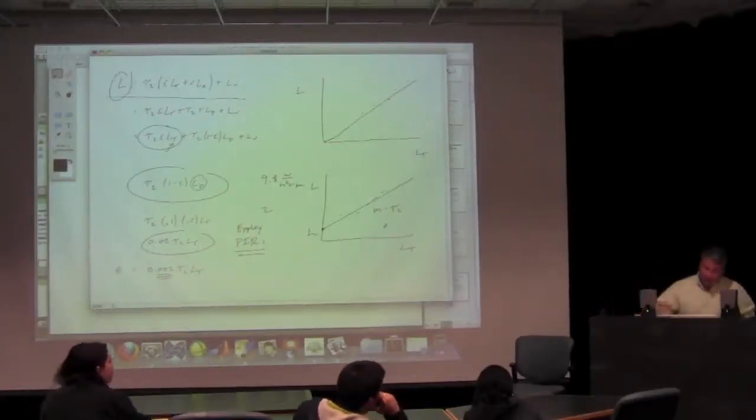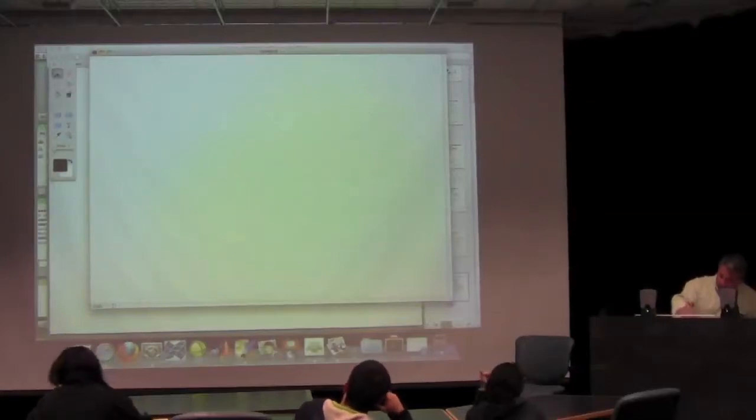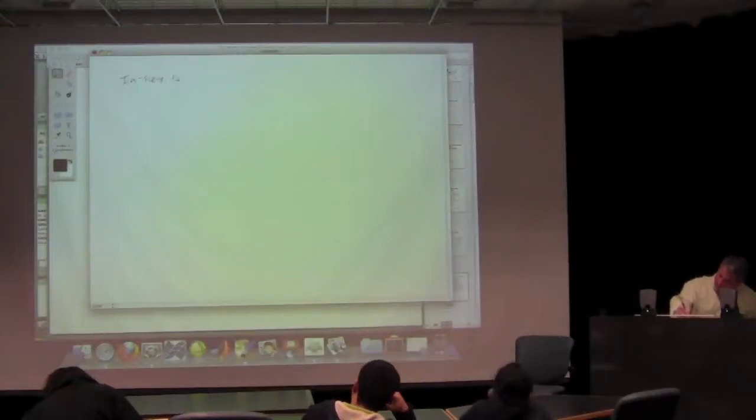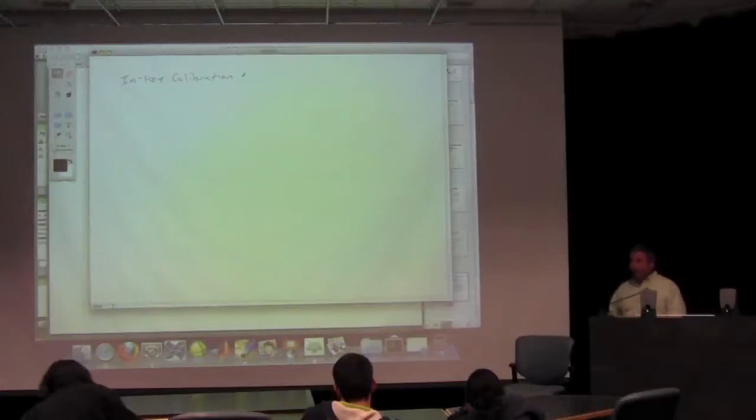And these techniques, you've probably seen the term before, are called in-scene calibration techniques. Doing in-scene calibration is 95% of the way that imagery is calibrated, because we can't do that.